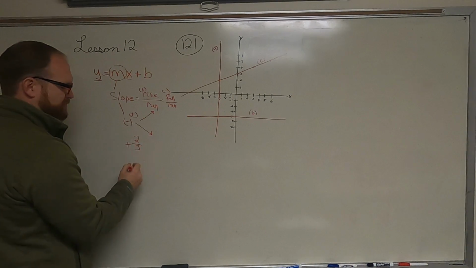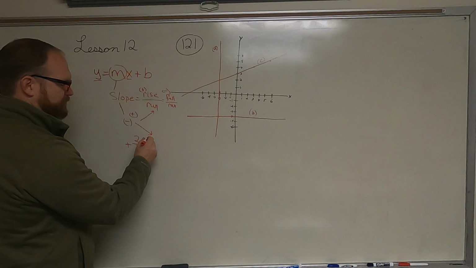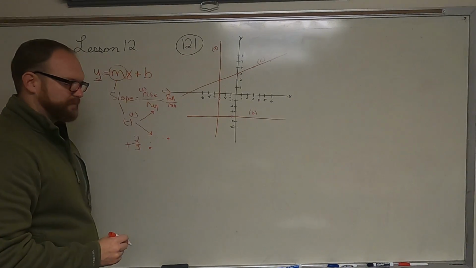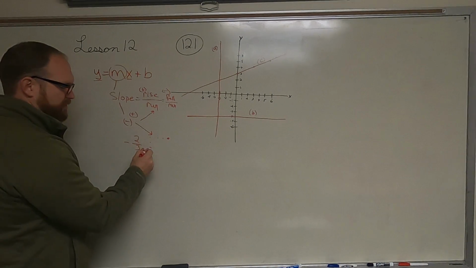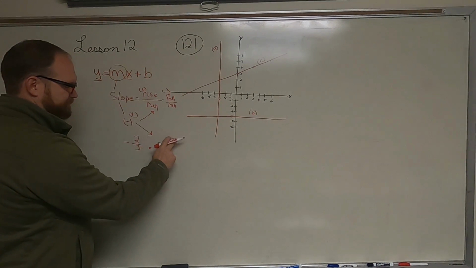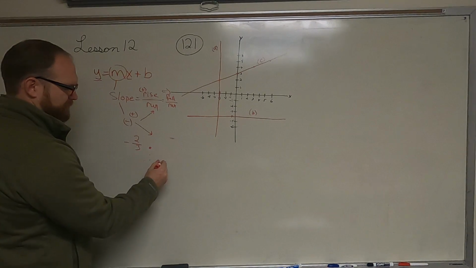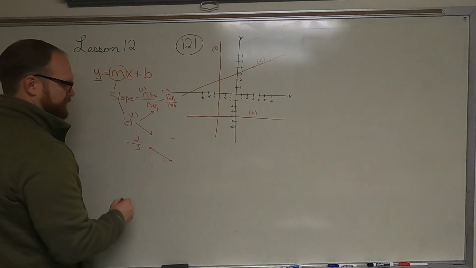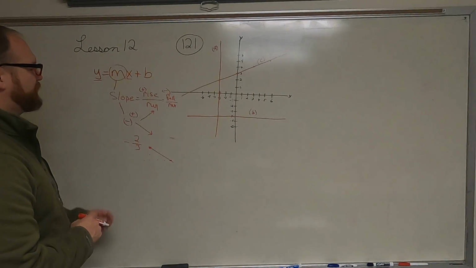If it's a positive 2/3 and we have a specific point, we'll go up 2 and then over 3. And that will be our next point. But what if it's a negative 2/3? Well, from the point that we're given, we'll go down 2 and then over 3. And that will be our next point. So the slope is pretty easy to follow along with.